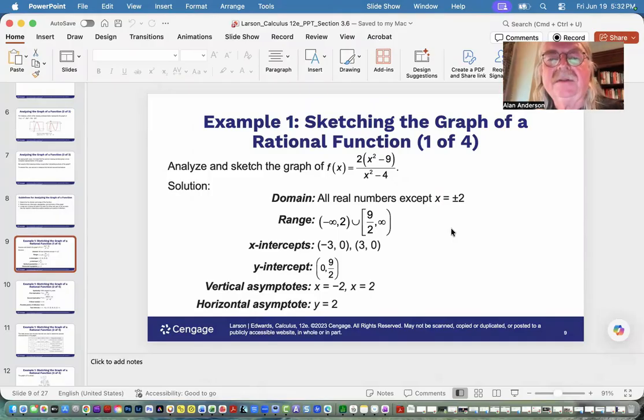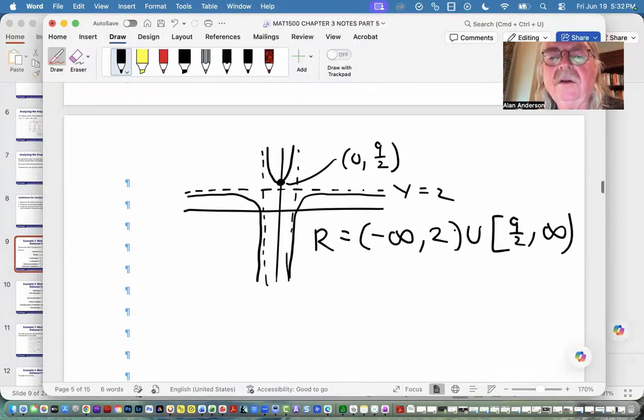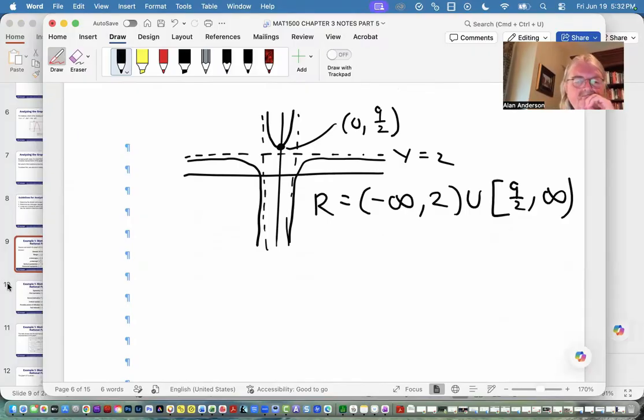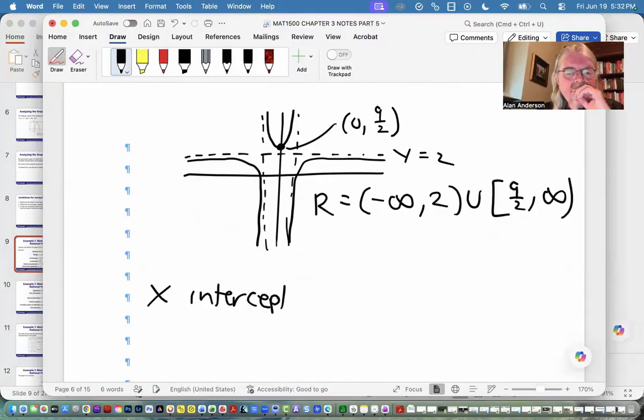Now, the intercepts. Where do we get the x-intercept? Well, those are the points where y is equal to 0.